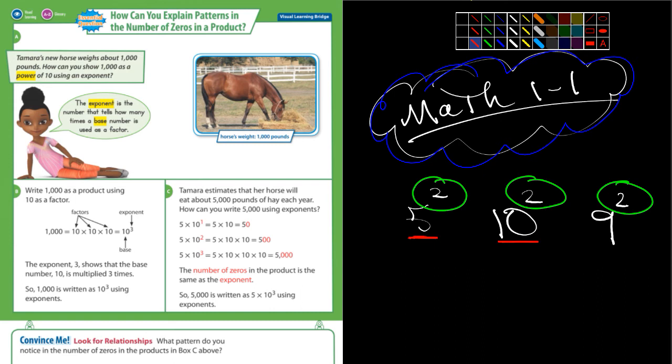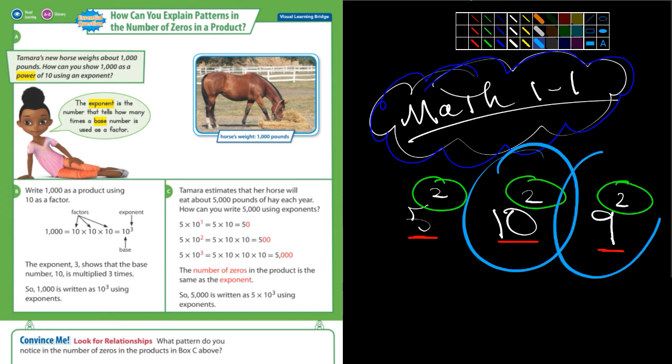The 5 is the base, the 10 is the base, the 9 is the base. And then you would read the whole thing like this, as that's 10 squared. 10 is the base, the little 2, that's the exponent. This would be, like I said, 9 squared. This would be 5 squared.